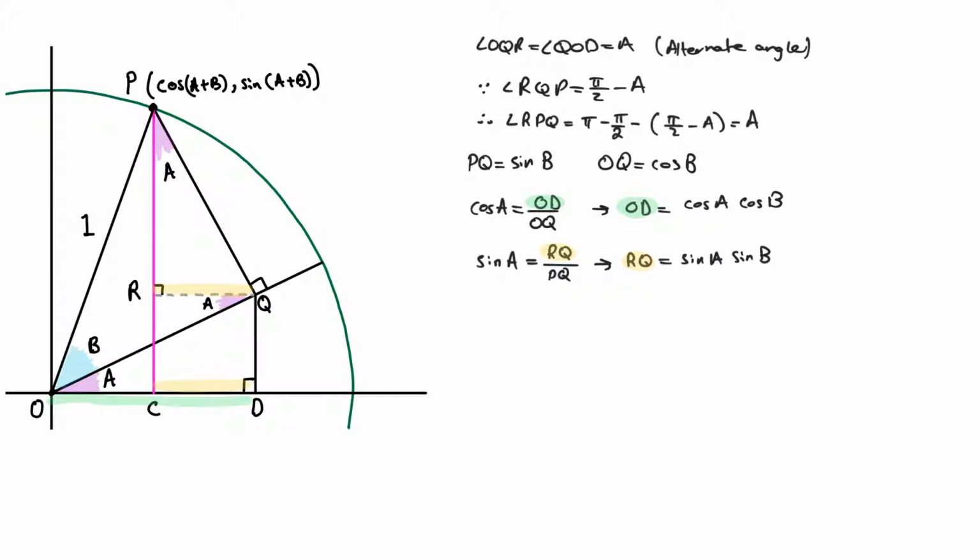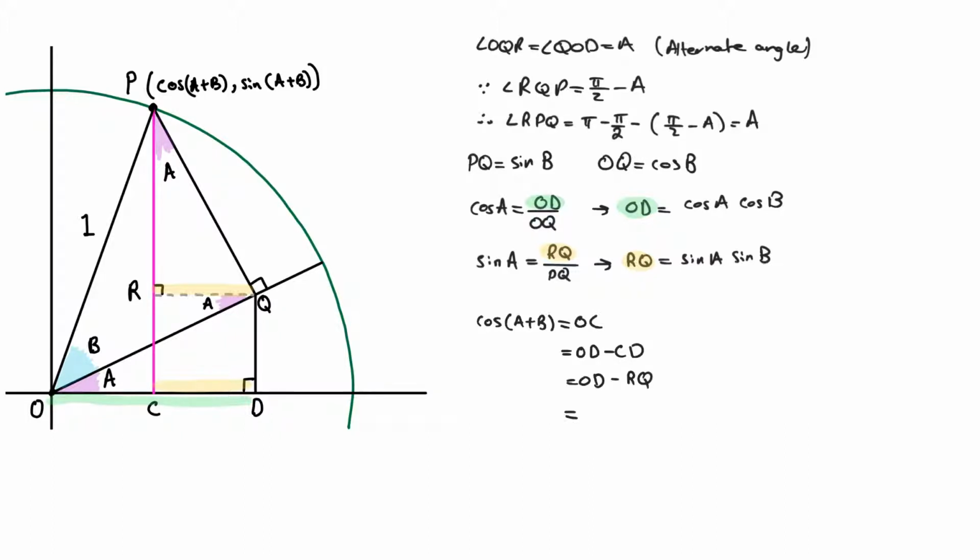Now, as we said before, cosine of A plus B is equal to length OC, and that's because it's a unit circle. And OC is equal to length OD minus CD. We know that CD is also the same as RQ. Now we can plug everything in.